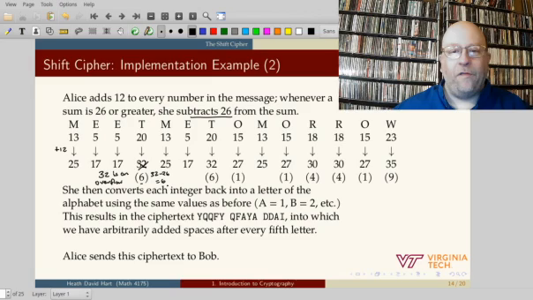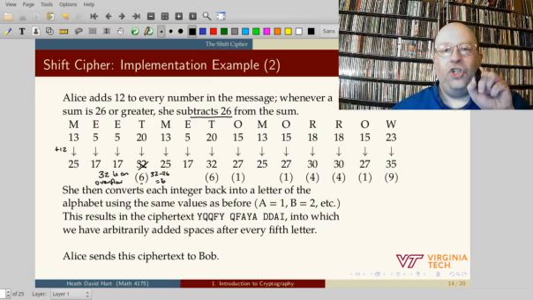And so anytime by adding 12 we overflow our alphabet, we have to subtract 26 from the sum to take it back into range. This has the effect of having the shifting wrap around from Z back to A, in other words.